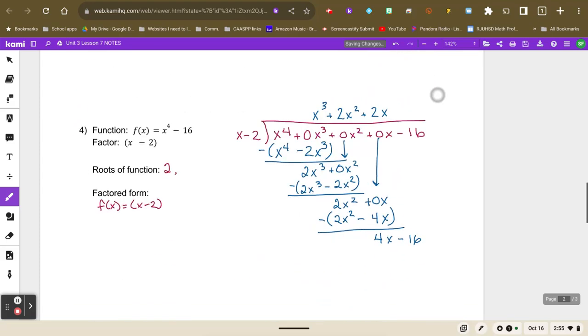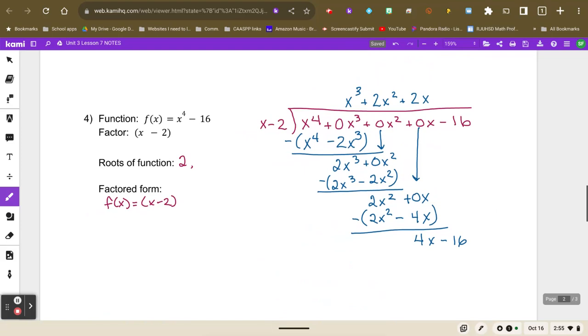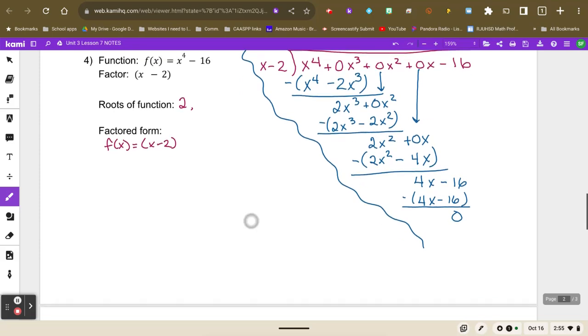We're going to multiply it, and it's just going to be plus 4. And we get 4x minus 16, and it comes out to be 0. Okay, that's one way. And then you can keep doing the division. It would probably be another x plus 2, and then we'll do another x minus 2, and then you keep going. There is another way, and I'm going to do it right here.